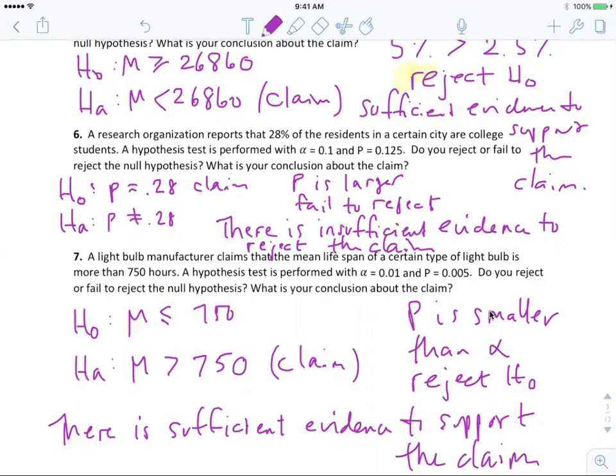And there is insufficient evidence to reject that claim. And then finally, that last one, P is smaller, so you're going to reject H sub 0, and H sub A is the claim, so there's sufficient evidence to support the claim.